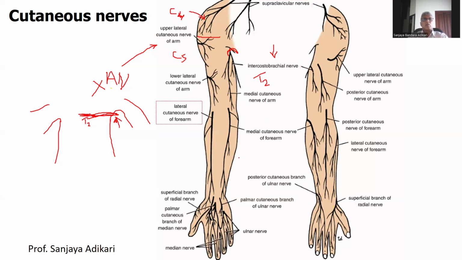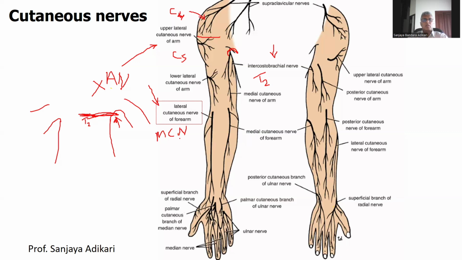Then you have the lateral cutaneous nerve of the forearm. It is another important cutaneous nerve because, just like the upper lateral cutaneous nerve of the arm, which is the cutaneous component of the axillary nerve, the lateral cutaneous nerve of the forearm is the cutaneous component of the musculocutaneous nerve, which is the nerve of the anterior compartment of the arm.